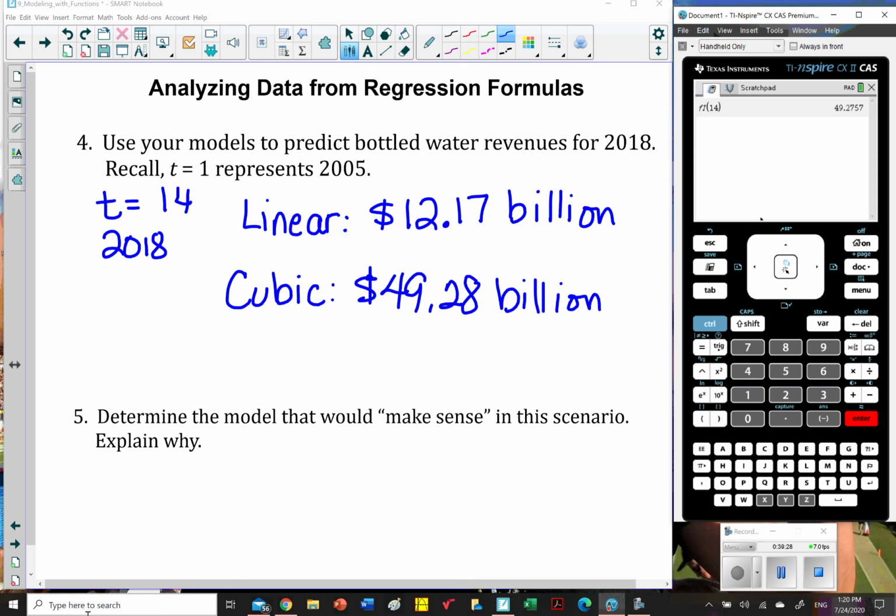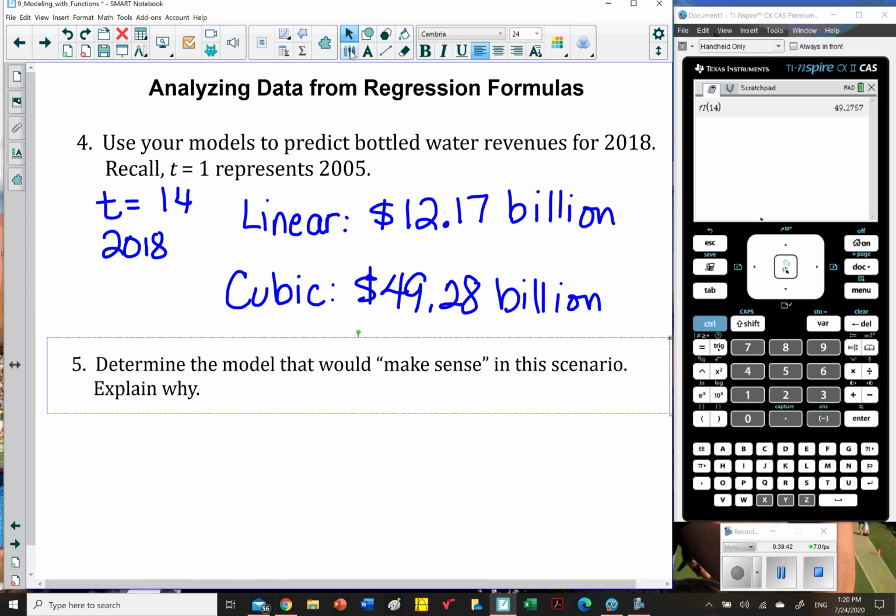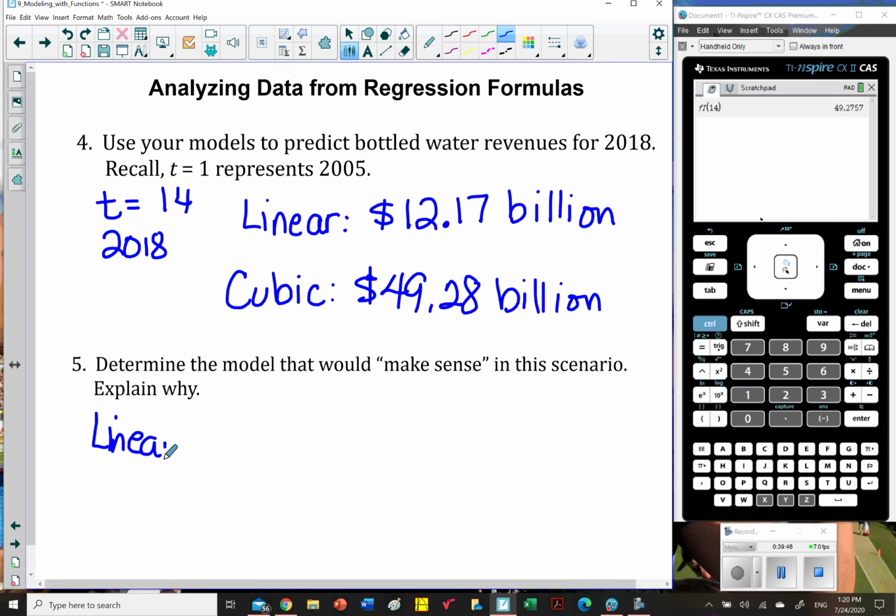So now, last question. Which model would make sense in this scenario to you? So what do you think? To me personally, I believe the linear makes more sense because the water industry is a pretty slow growth industry. It's not going to grow exponentially like a cubic function does, especially because it depends on the economy.